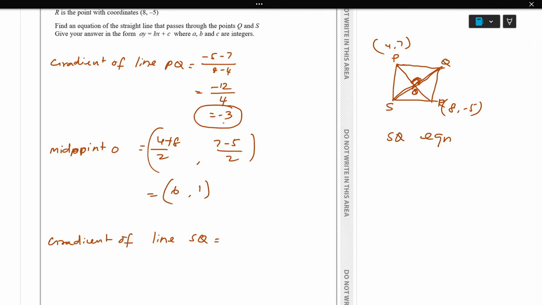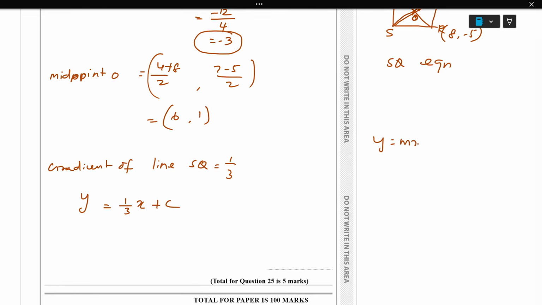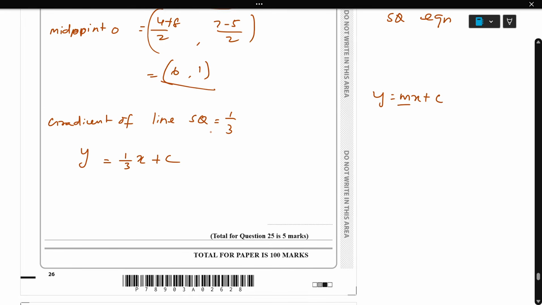The gradient of line SQ equals the negative reciprocal of the gradient of PR, because they are perpendicular. Negative means it will become positive, and the reciprocal is 1 by 3. That is the gradient.